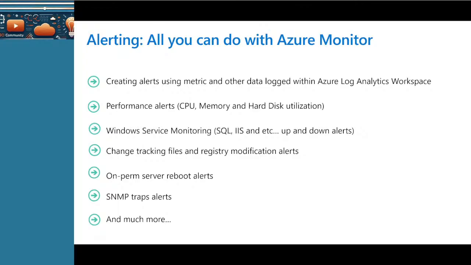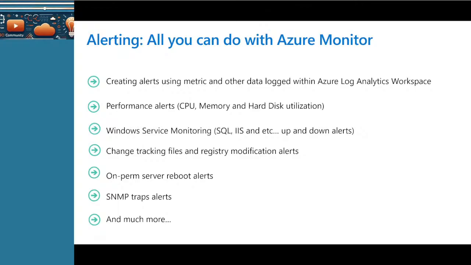The data would be coming and then you can create alerts. So SQL, IIS, Hyper-V, Exchange, Active Directory, anything which is running, you can do. Performance alerts are at the end. These are performance alerts, very nice to have.